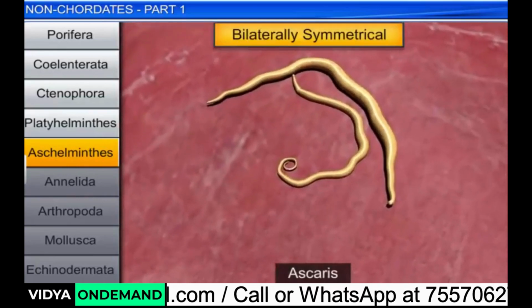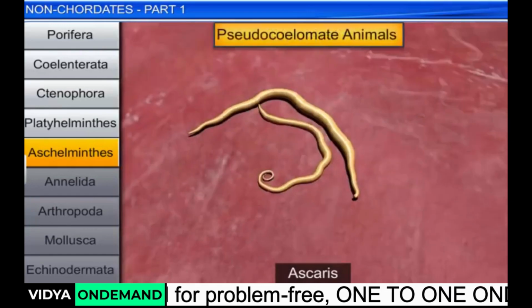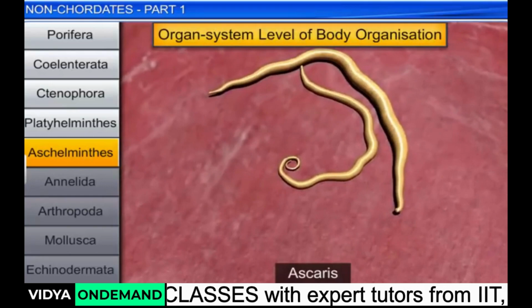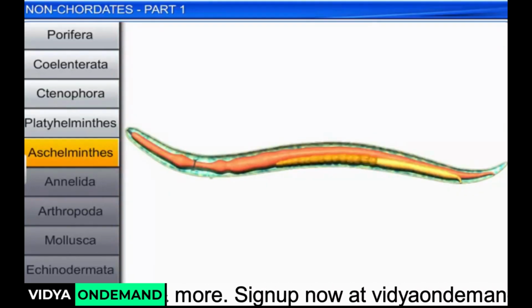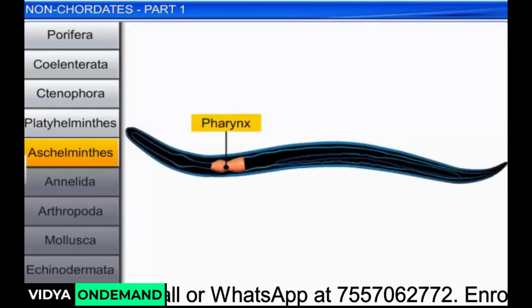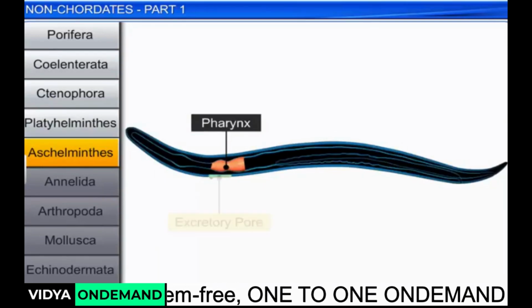They are bilaterally symmetrical, tripoblastic, pseudocoelomate animals with organ system level of body organization. In Aschelminthes, the alimentary canal is complete with a well-developed muscular pharynx. Body wastes are removed through the excretory pore.